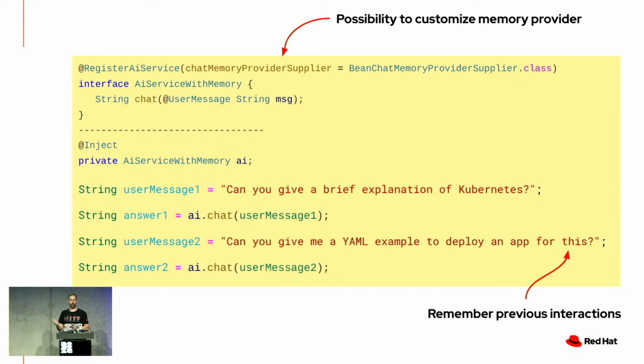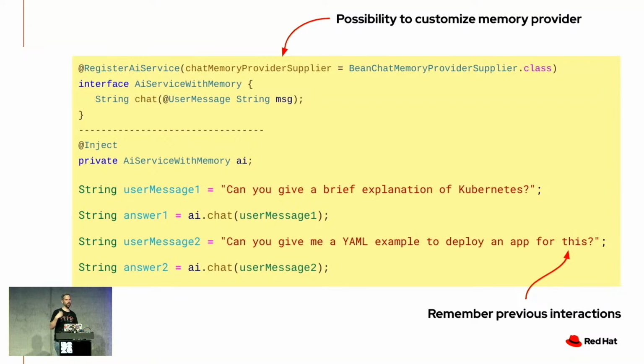The way that you would do this is by providing a chat memory provider supplier. Actually, you don't have to do that with Quarkus, because the one example that I show here is the default, so you don't have to provide that. It has this memory built in, but that's an in-memory provider.